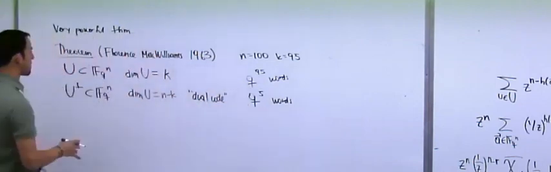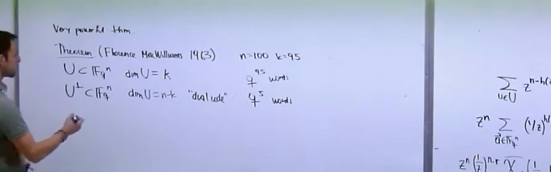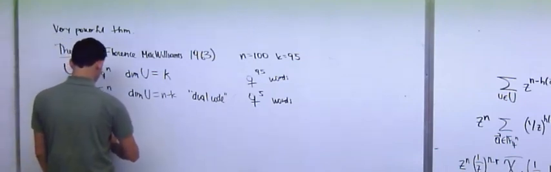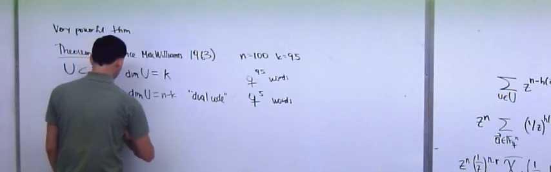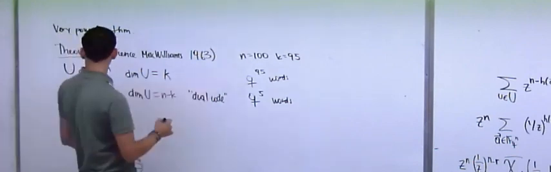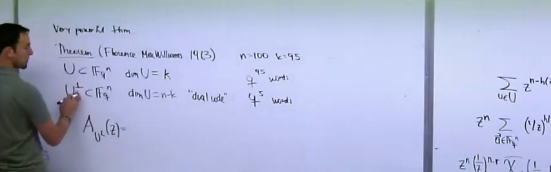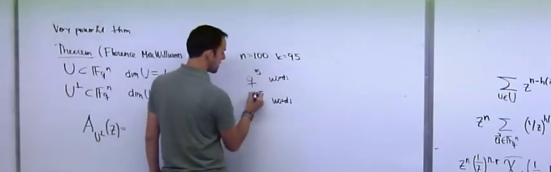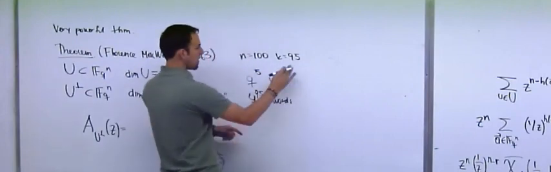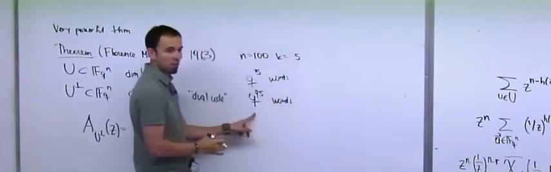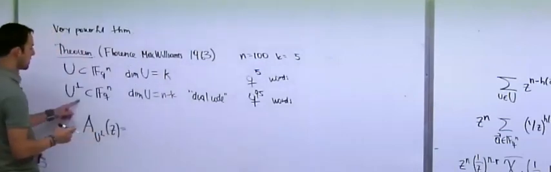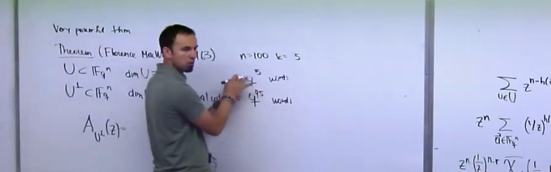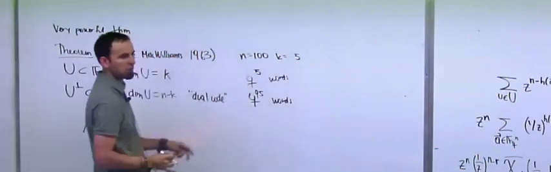But what MacWilliams found is that actually these two are very, very closely related to each other. She found that if you want to compute the weight enumerator of the huge one, so I guess really I meant to do it the other way. I meant this guy to be very small, and you have a handle on it, and I meant this one to be very big, and you don't have a handle on it. But what MacWilliams says is if you have a handle on the small code, that immediately tells you what it is for the big code.